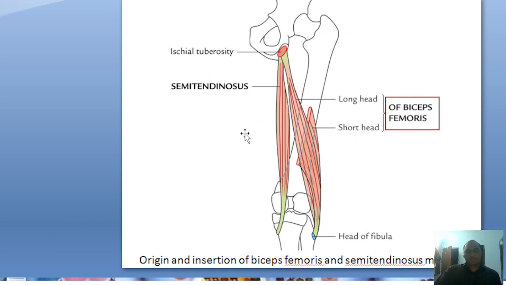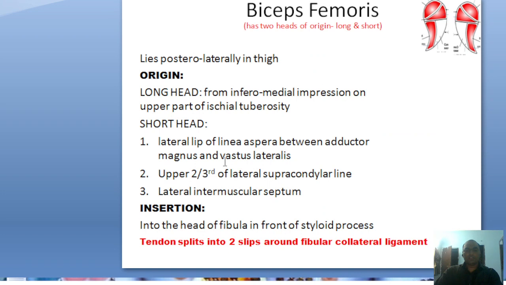In this diagram showing the muscle, this is the biceps femoris, this is the long head, hamstring part, arising from the inframedial part of ischial tuberosity, and this is the short head, originating from the lateral lip of linea aspera, gluteal tuberosity, upper 2/3 of lateral supracondylar line, and lateral intermuscular septum.